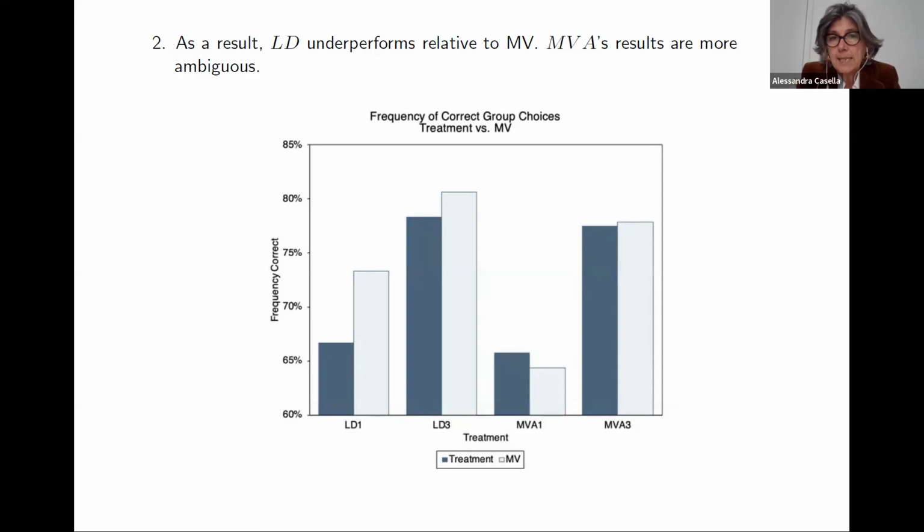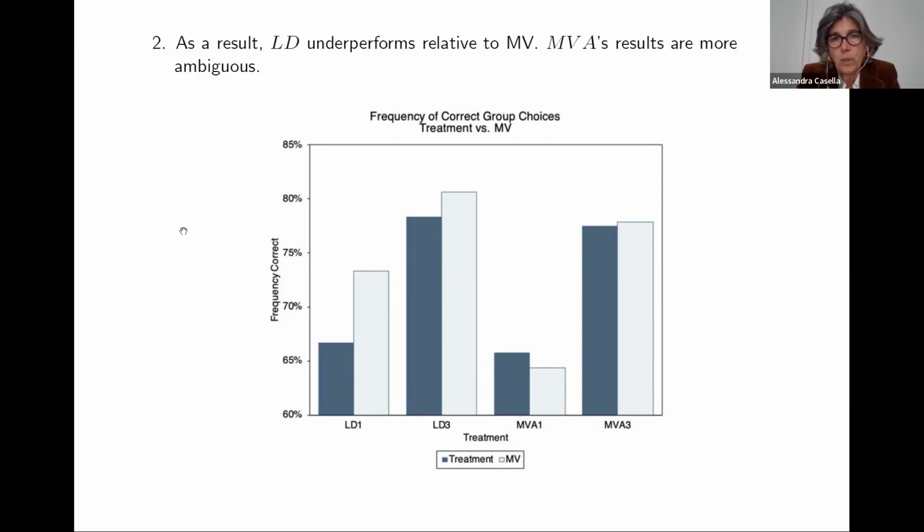And since we know in the data they don't always follow their signal, although they should, if we were to compute majority voting as simply automatically following the signal, we would make majority voting too good. So we have to compute the probability that they would follow the signal when they vote under majority voting. And the other thing that I think happens is that many decisions are actually very similar.